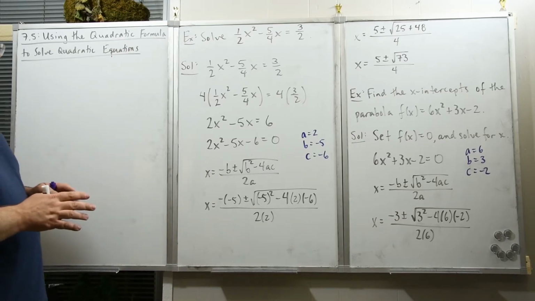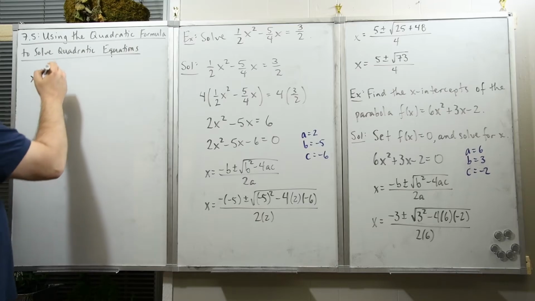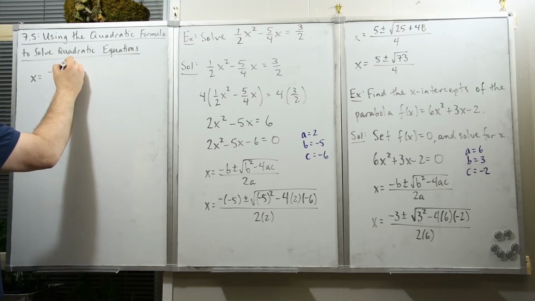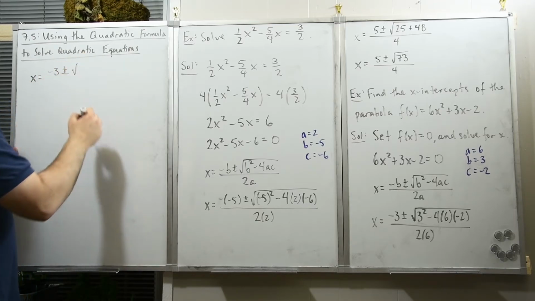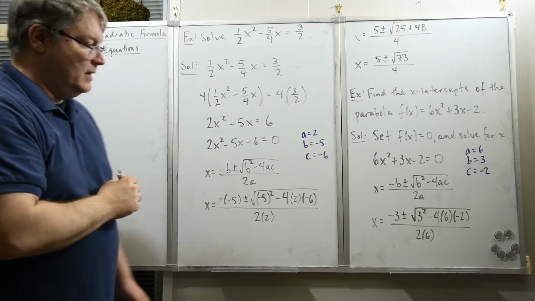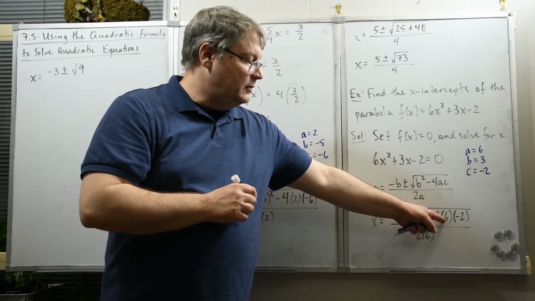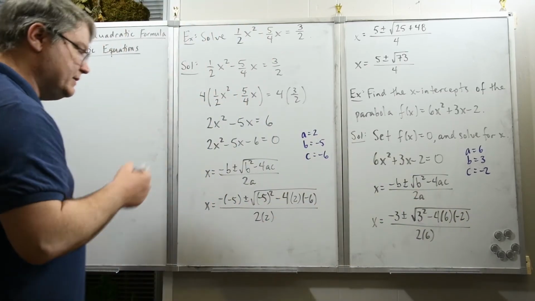Now we're going to want to simplify this. So we'll get x is equal to negative 3 plus or minus the square root of. Now your 3 squared gives you 9. And then we have a negative 4 times 6 is negative 24. Negative 24 times negative 2, positive 48.